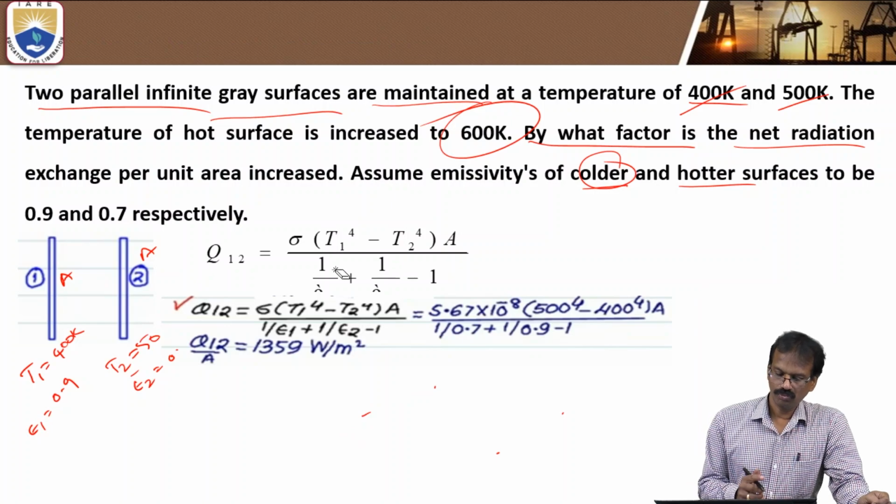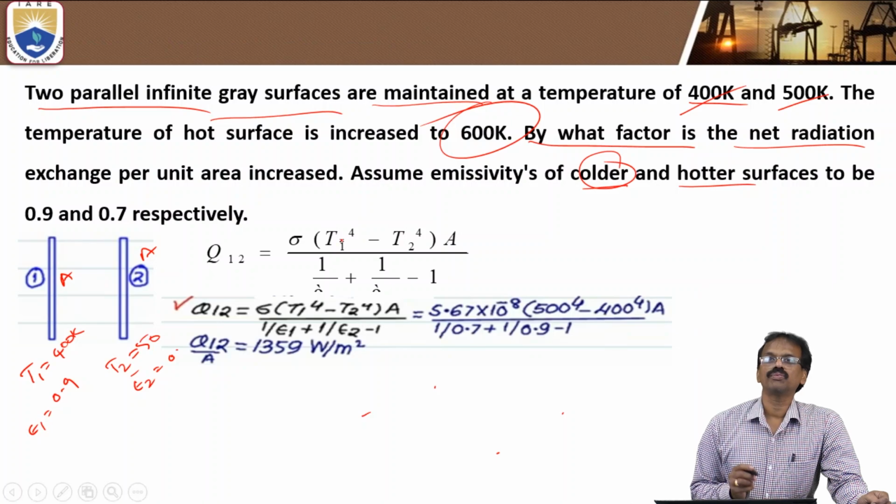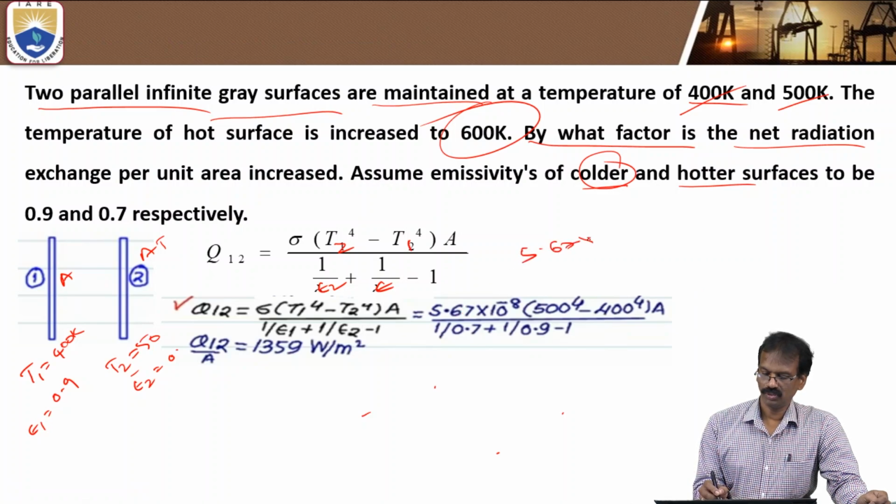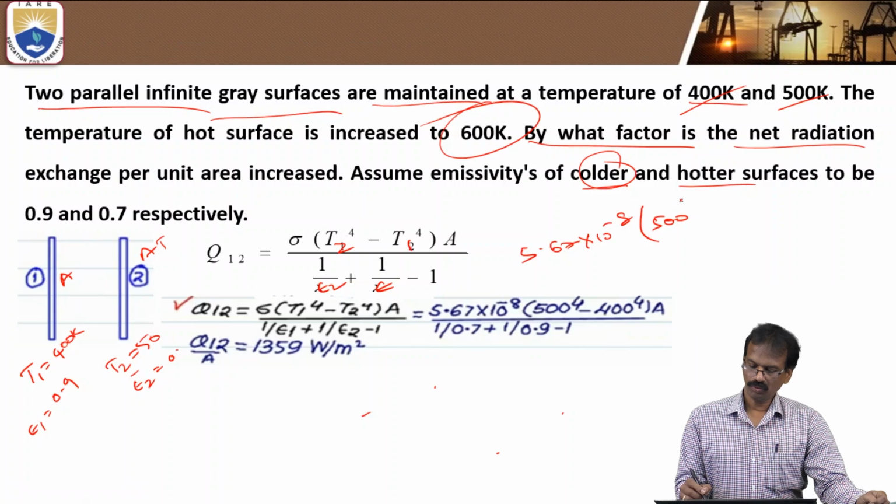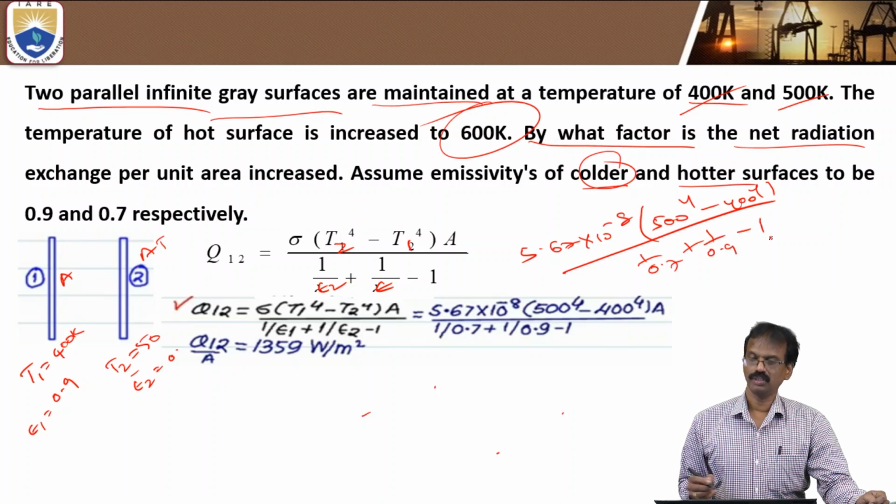So Q12 is equal to sigma into T2 to the power of 4 minus T1 to the power of 4, over 1 by epsilon 2 plus 1 by epsilon 1 minus 1. Sigma is 5.67 into 10 to the power of minus 8, into 500 to the power of 4 minus 400 to the power of 4, divided by 1 by 0.7 plus 1 by 0.9 minus 1.